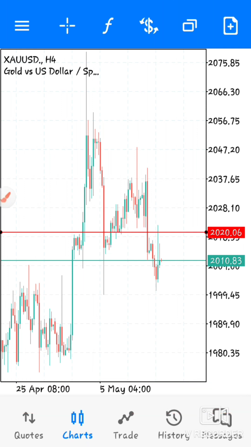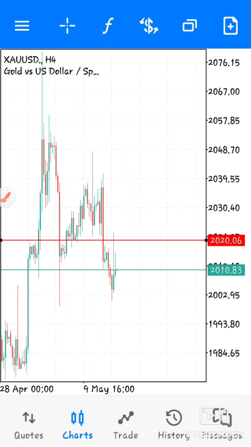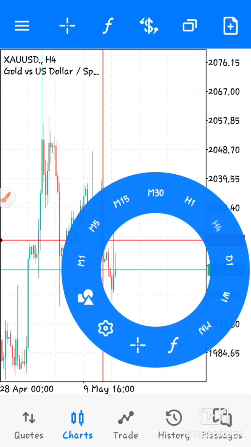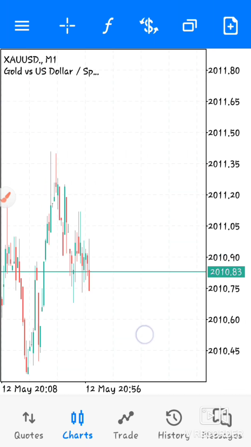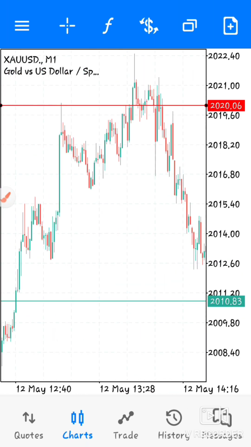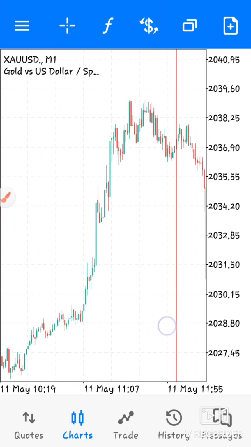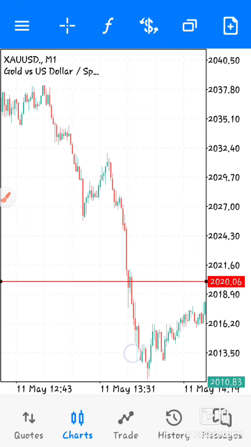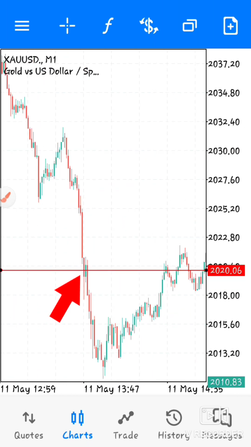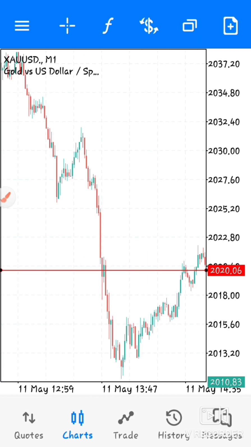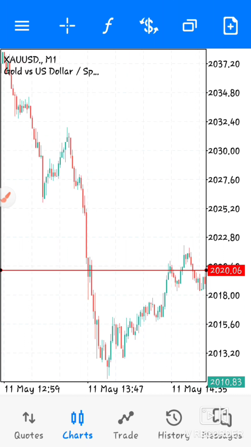Once I have marked that level, I switch to M1 or M5 and start looking for my entry pattern. Here is when the price got to the support level in M1. So once I see this, I'll start looking for my entry pattern.